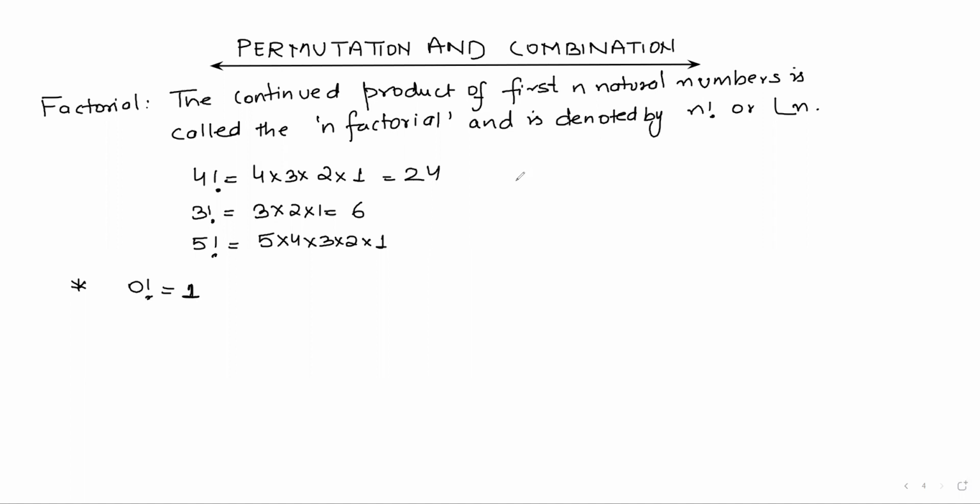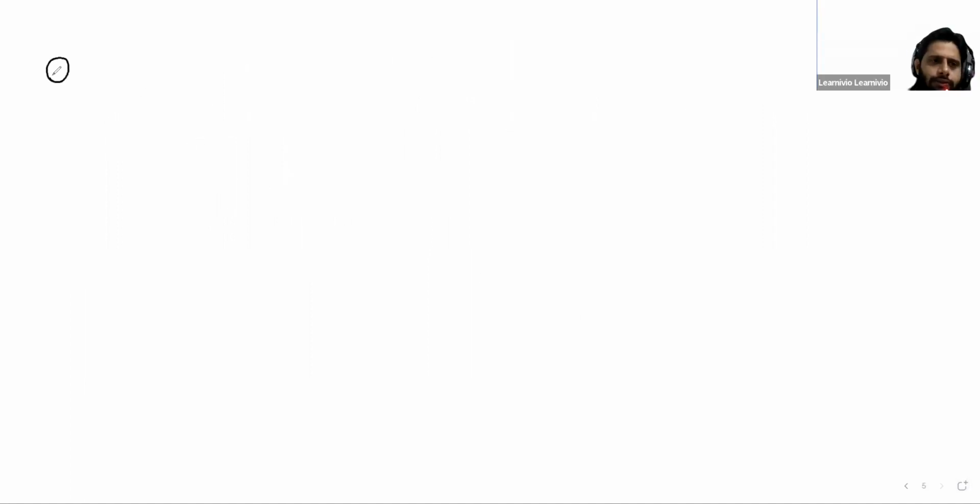Okay, Krishna, this is done? Yes, sir, it's done, sir. Okay, very good. Next, now we will do these types of questions. For example, 6 factorial by 4 factorial.